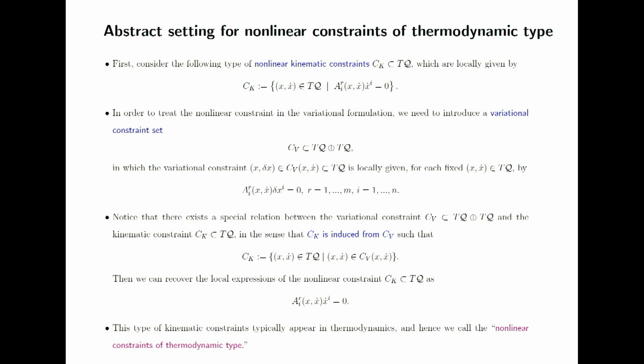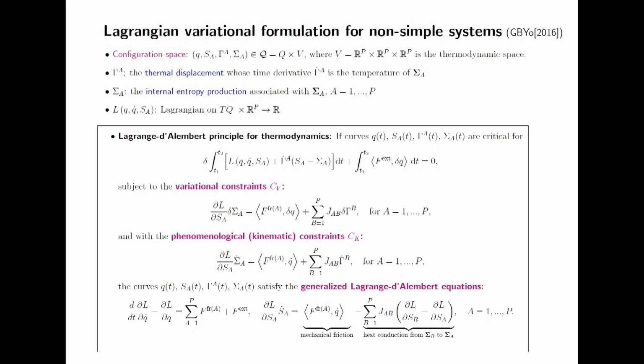In the abstract setting, we need to consider the nonlinear constraints of the thermodynamic type in order to incorporate them into the abstract variational principle. Just remember, this is a given phenomenological or kinematic constraint.